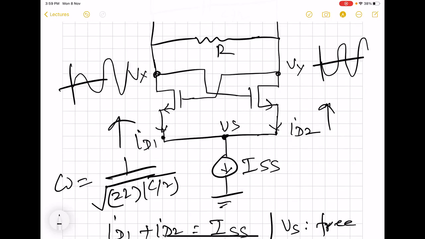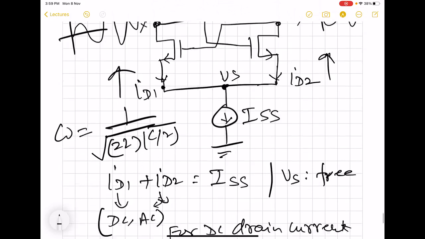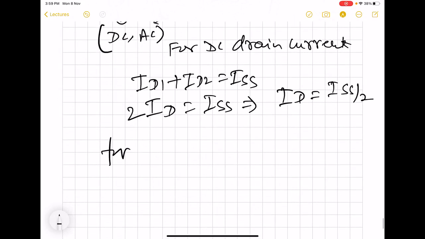So for large values of Vx and Vy, they will start acting like a switch, and Vx and Vy will inevitably become large.